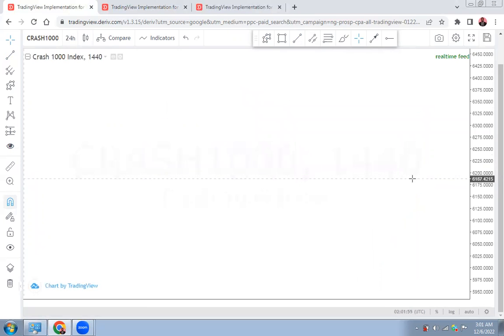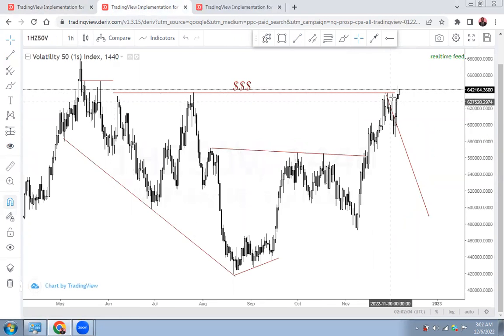Sometimes it will be liquidity for targets. So price takes this liquidity, and then price comes down to take this liquidity. That's what price does. It will always do that.